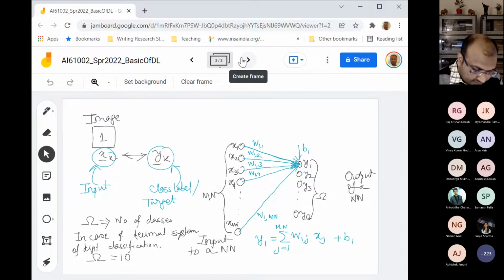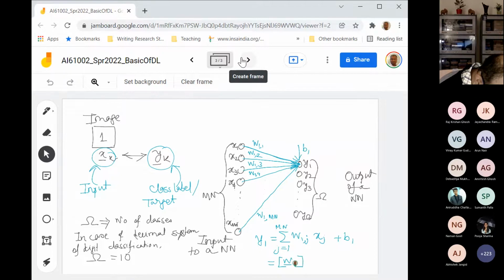Okay. Now this whole part can also be written as a multiplication of two matrices. So if my W is a row matrix, this is called W1.